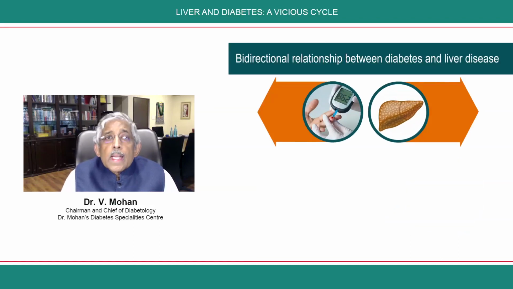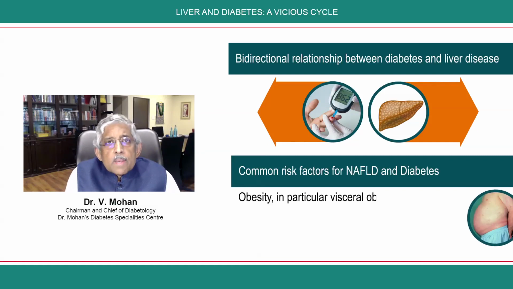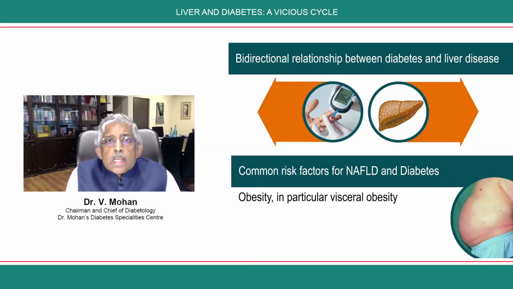We know that they have common antecedents. By that, what do we mean? Because the risk factors are the same both for chronic non-alcoholic fatty liver disease as well as for diabetes. For example, obesity is one of the commonest risk factors.